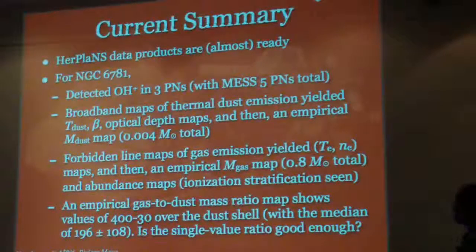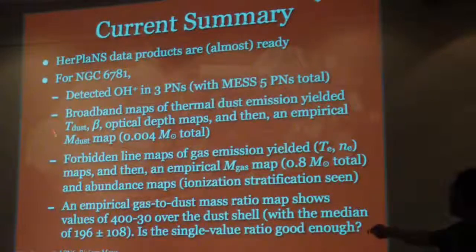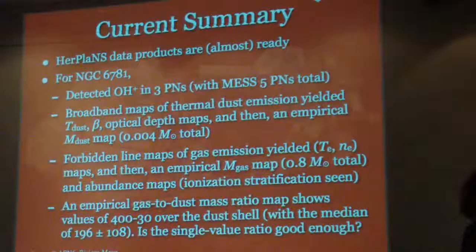The second highlight: using the broadband maps, we try to understand the dust distribution, and we get the dust temperature map, the dust emissivity index map, and the optical depth map. These maps give us the dust mass map, and the total mass is about 0.004 solar masses. Then also the gas side.